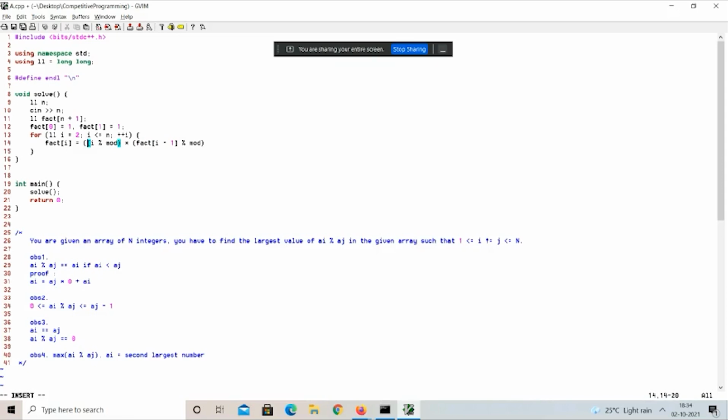You can perform this in recursion as well. For those who don't know what recursion is, it is basically calling a function inside itself.